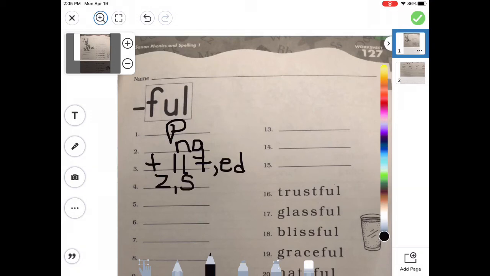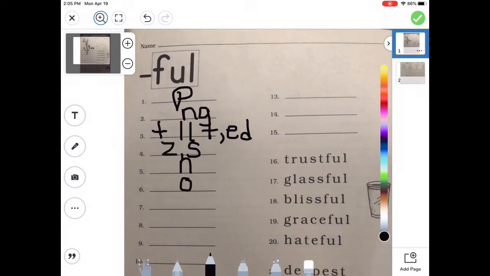How about N? N, perfect. How about ah? That's right, short O. But remember, the ah sound can also be AU like faucet or AW too. How about the w sound? W, good job.